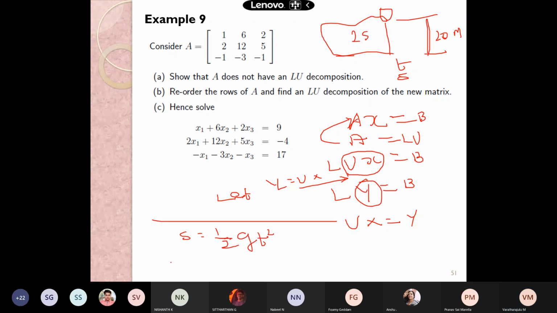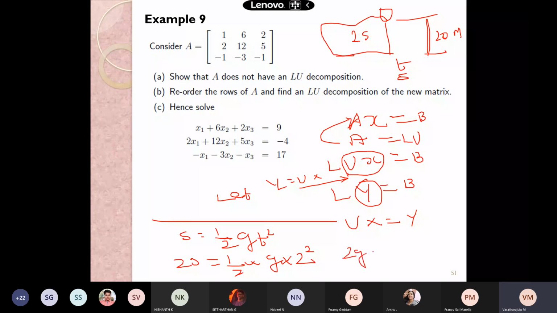Here 20 is equal to 1 by 2 into g, where g is the unknown we are trying to find, into 2 square, which is 4. Dividing 4 by 2 gives 2, so 2g is equal to 20. Therefore, g is equal to 10, sir. Usually, g is equal to 9.81, so this is not exactly 10.